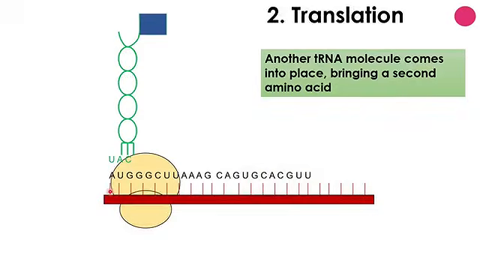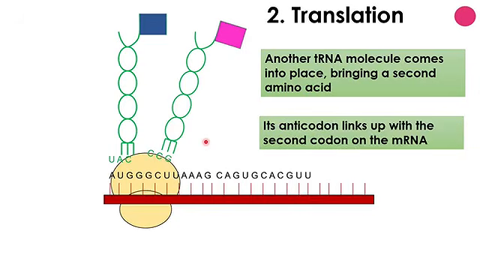Okay, so here comes another tRNA molecule bringing a nice pink amino acid. And if you look at the next codon, it reads GGC. Then the complementary anticodon would read CCG.